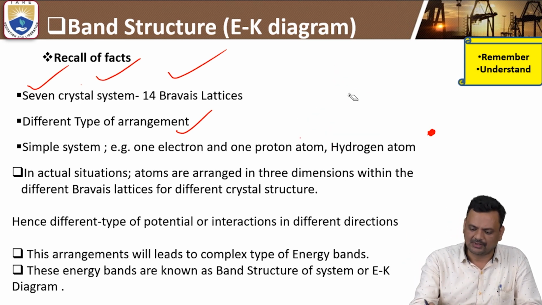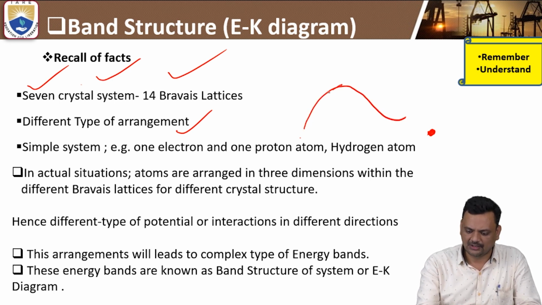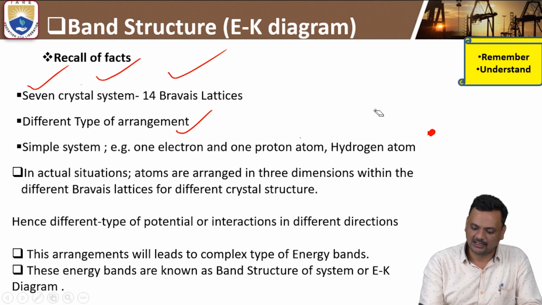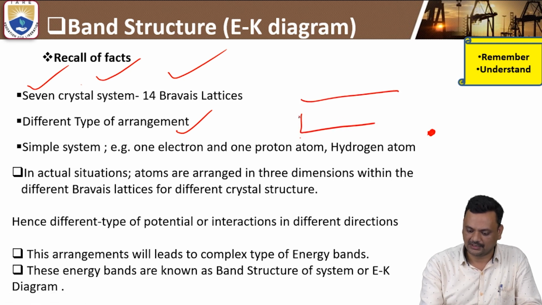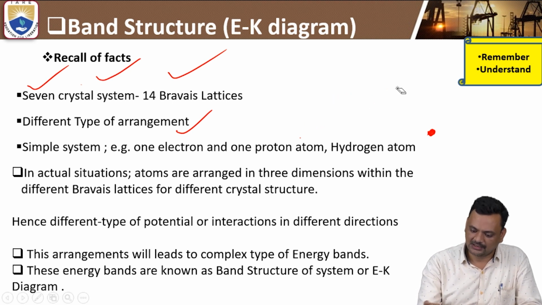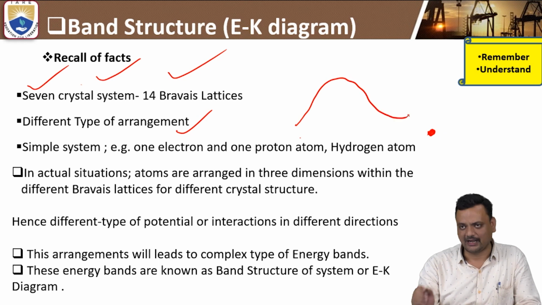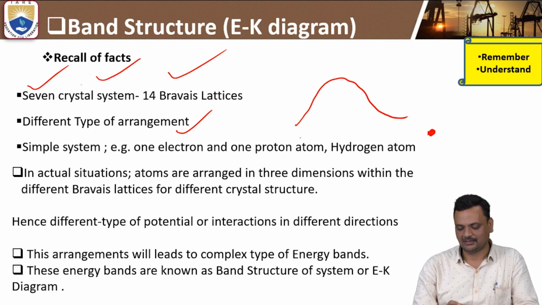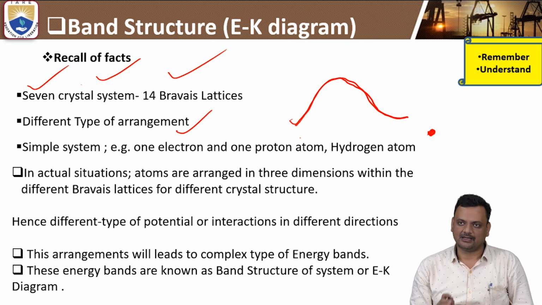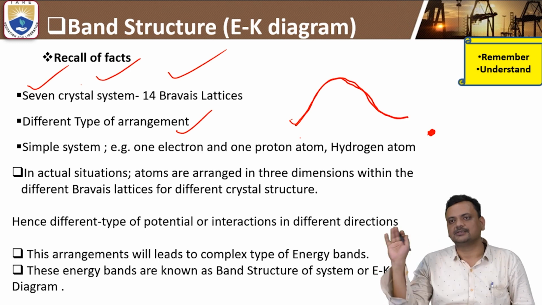Okay, what I am telling is, suppose this is your one band. Generally, you imagine sharp energy levels as bands. But this is not the case. Your actual band is like that. Your energy level is like that in an actual solid. In a practical solid case, it will be like that, a curve type of structure, not a straight line.